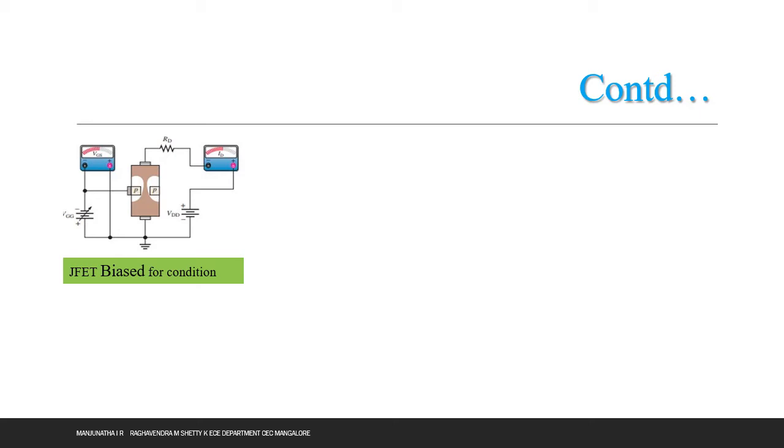Two external sources, VGG and VDD, are connected: VDD between drain and source and VGG between the gate and source. We have connected two measuring devices here.